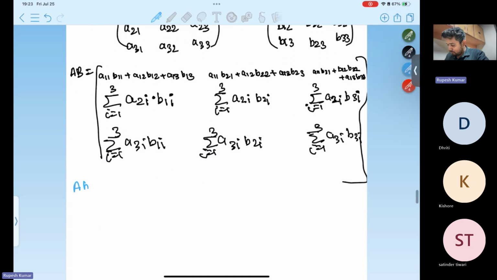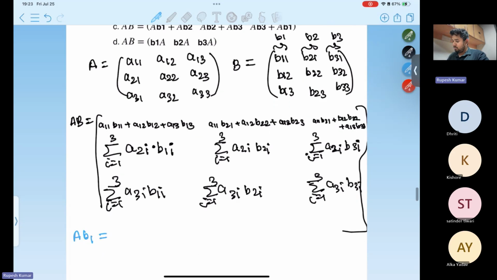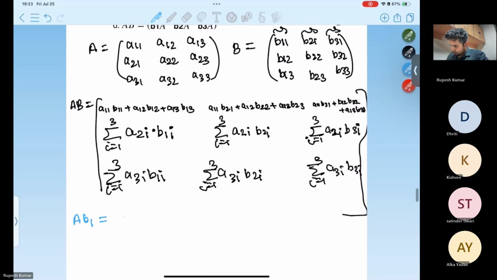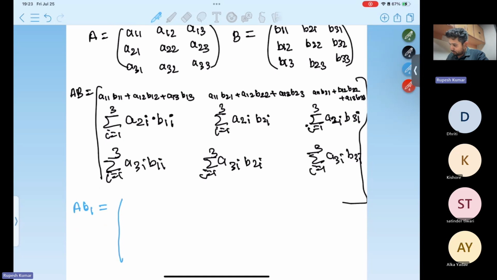How does AB1 look? AB1 looks like this, right? It will be a vector and it will look like summation A1I and B1I, so 1 is fixed, I equals 1, 2, 3.